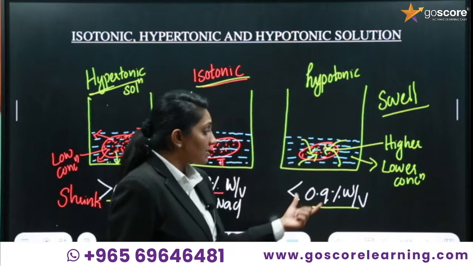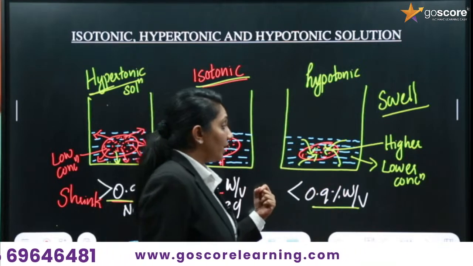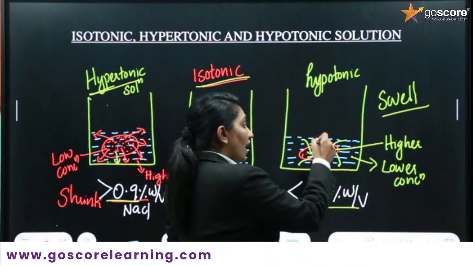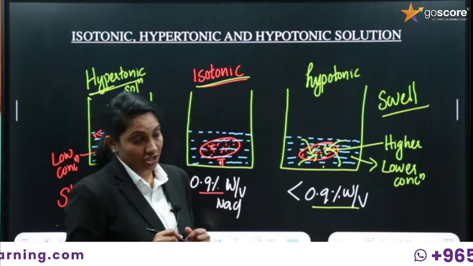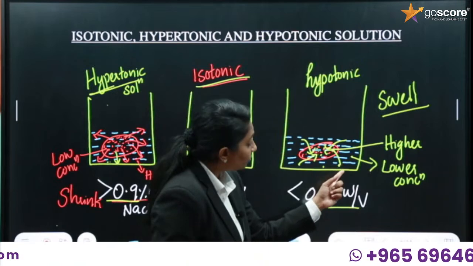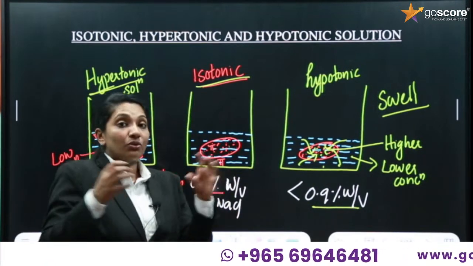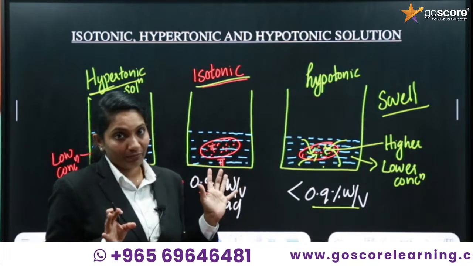And if the solution has a concentration less than 0.9 percentage weight by volume, what will happen? This solution will have a lower concentration and the fluid inside the RBC will have the higher concentration. So the water will move from the solution into the RBC. That causes the cell to swell and finally burst.